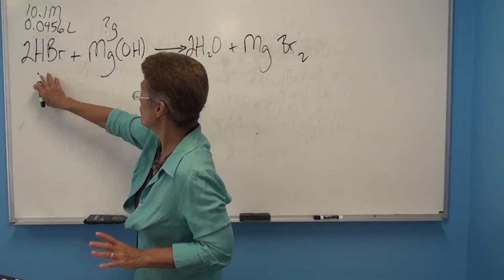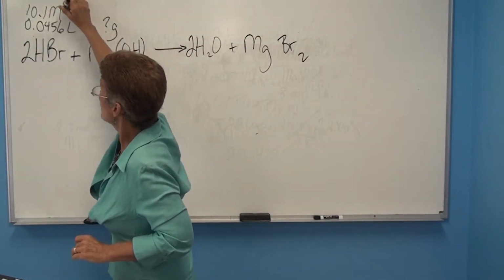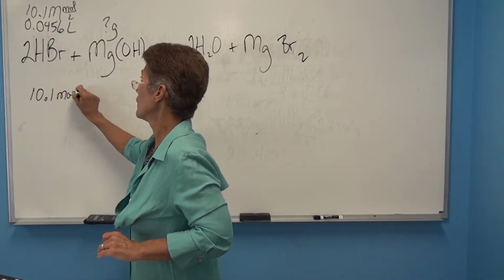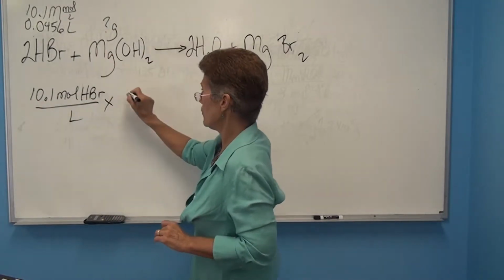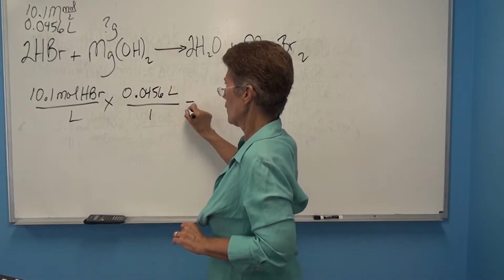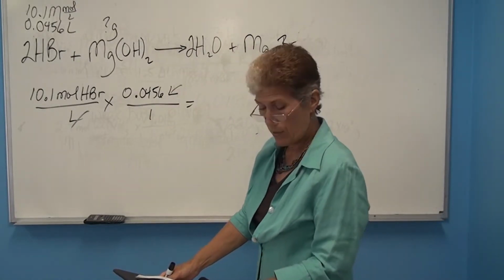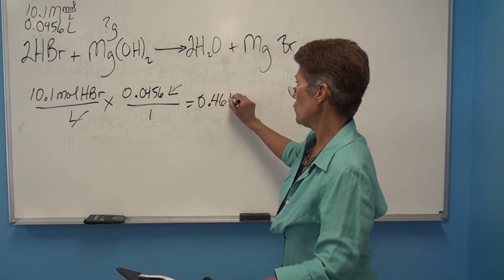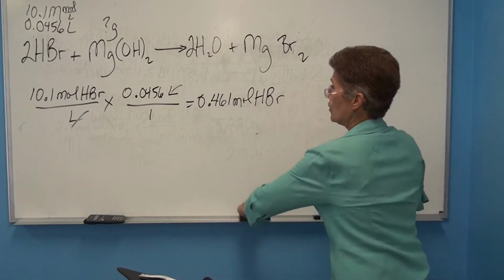So I'm going to have to get this to moles so I can go from moles to moles, and then I can go to grams. So my moles are hidden in the molarity. So I'm going to take that and multiply that by the liters so that I can get rid of the liters and just get to moles. That way that'll cancel. And so that's going to leave me in 3 significant figures, 0.461 moles of HBr.